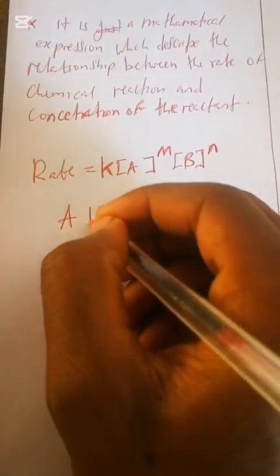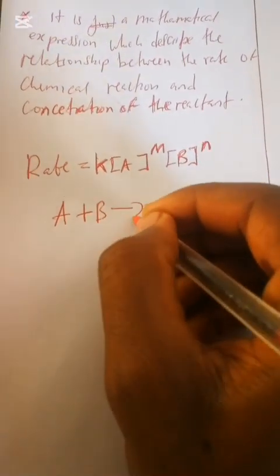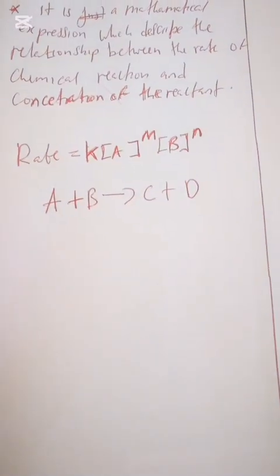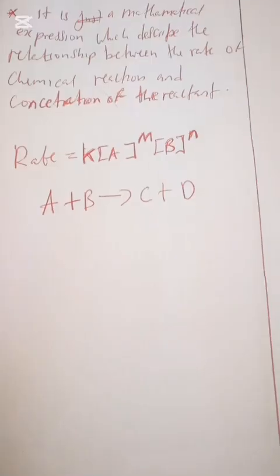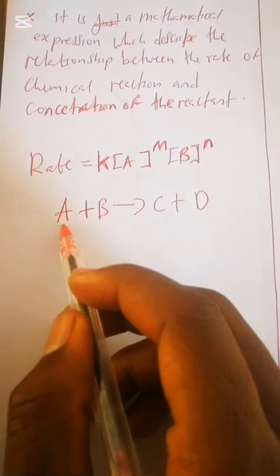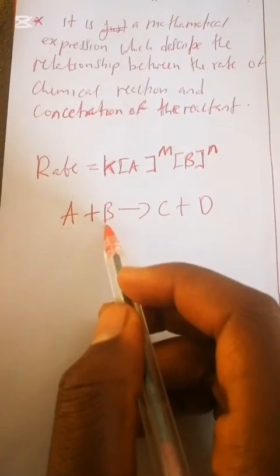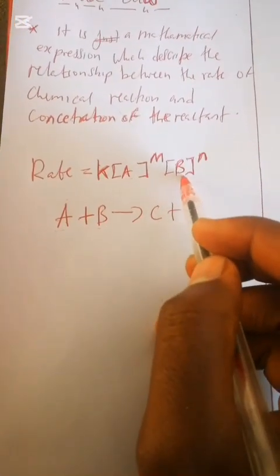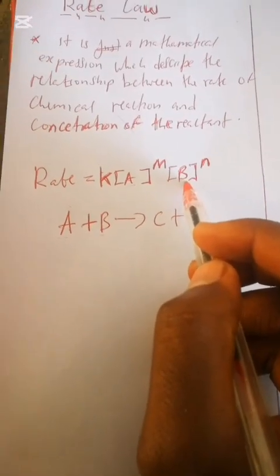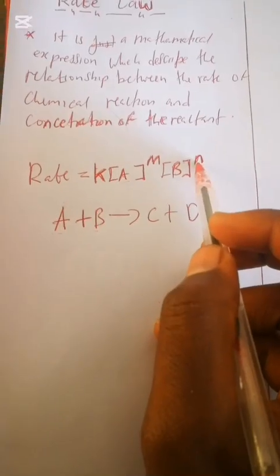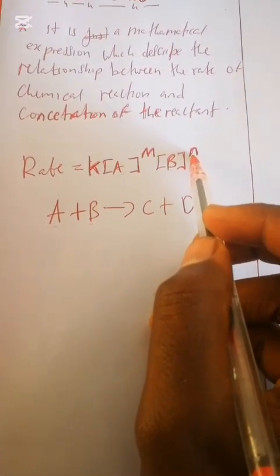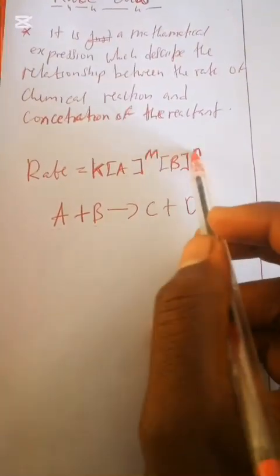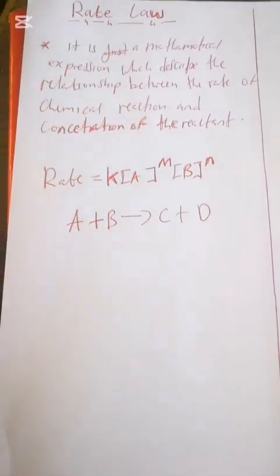A plus B gives us C plus D. Remember, on rate we only deal with the reactants, which are A and B. That's why the formula for rate only has A and B. And M and N are what you call reaction orders. We'll learn how to calculate these reaction orders, or their powers.